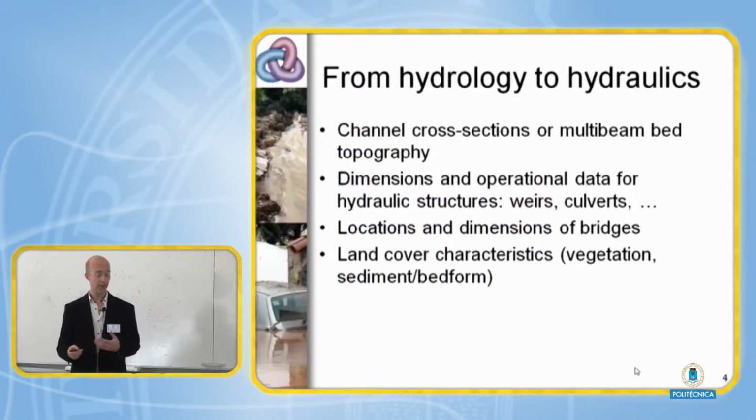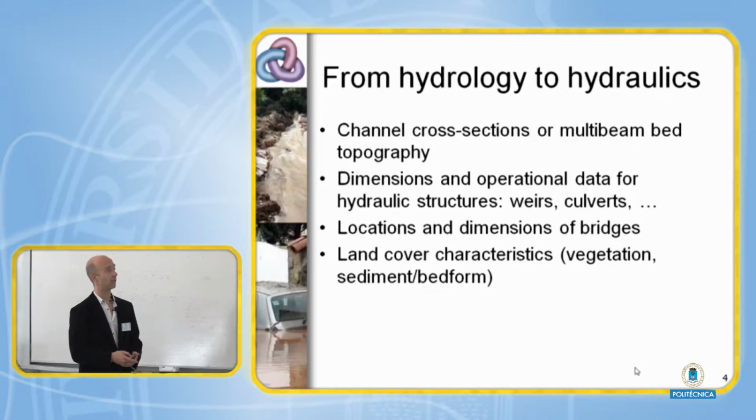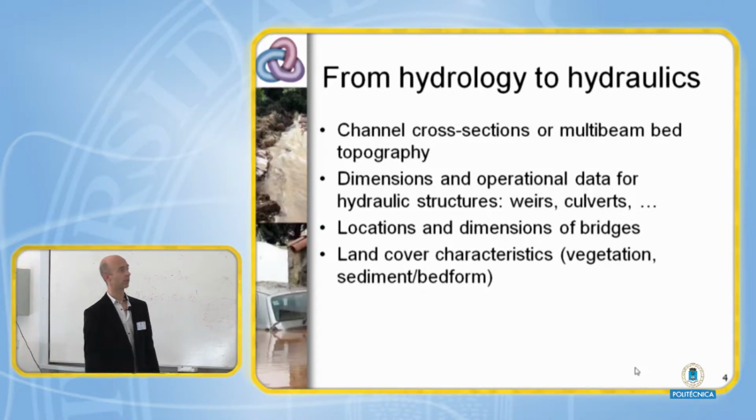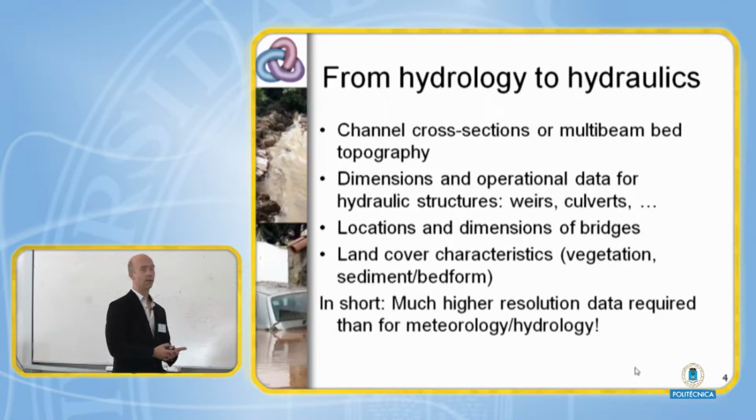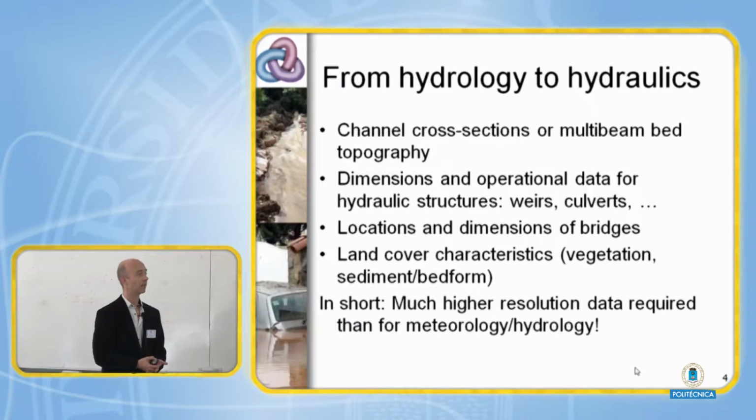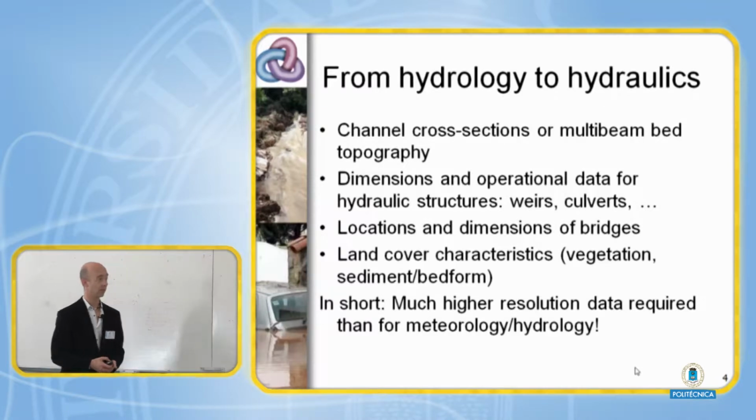So sometimes sediment information is also relevant for your hydraulic simulation. So in short, you need much higher resolution data than for the hydrology and meteorology we've seen so far.